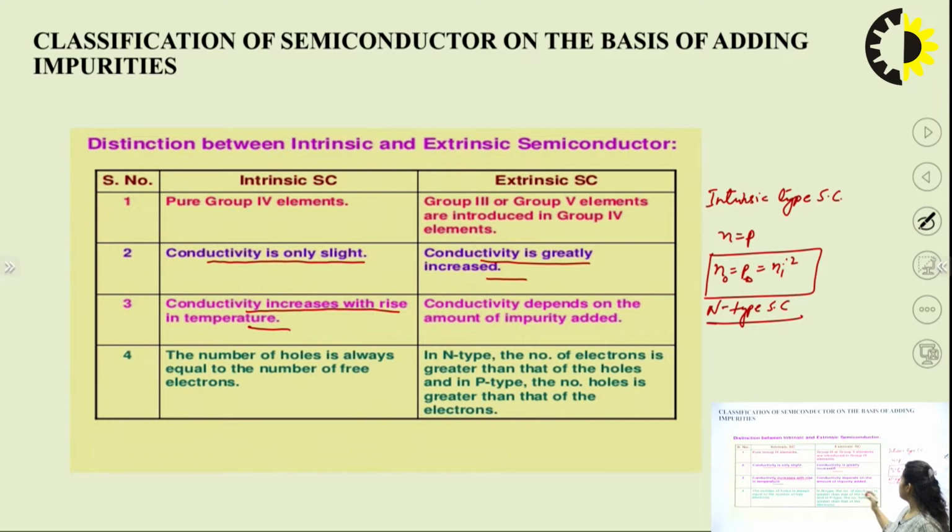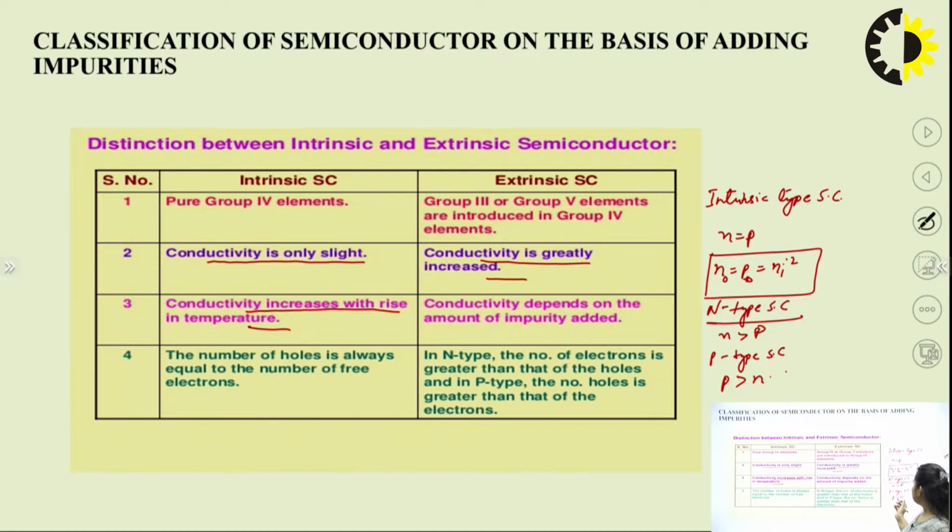So, the number of electrons is greater than the number of holes, N is greater than P. On the other hand, in P type semiconductors, the number of holes is greater than the number of electrons, because we are doping a third group element like boron into the fourth group element, and an acceptor type of impurity has to be added there.